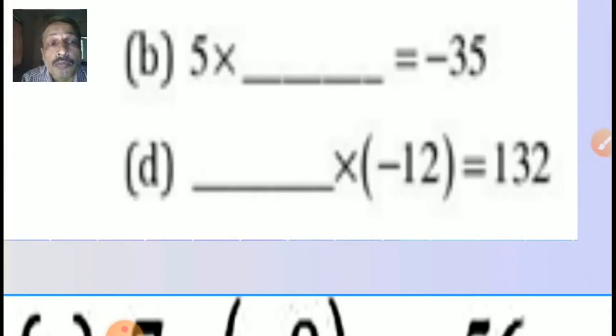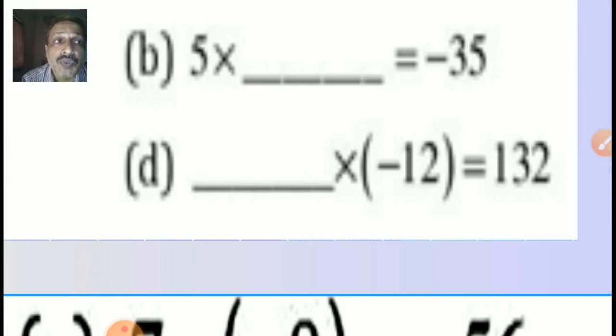Last but not least. Oh, big number. 12 table. 12 tens are 120. But here on the right side 132 is given. The 12 table is over. Students, a table never ends at 10. It is for our convenience that we recite tables up to 10. Okay, after 10, what will be there? 120 plus 12, add it.